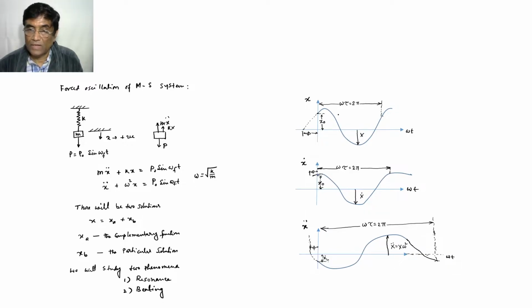So if we plot, then we see that this is the phase phi, and this is the initial value, because otherwise x0 would be 0, right? In a general way I am writing the solution, that's why I have to show x naught, and then there will be a phase. So that is the phase angle phi, and this is the amplitude of oscillation.